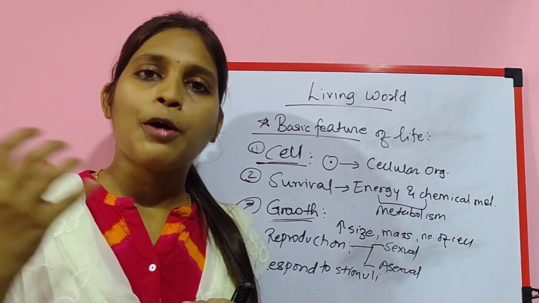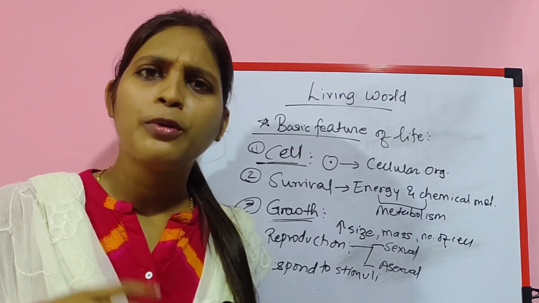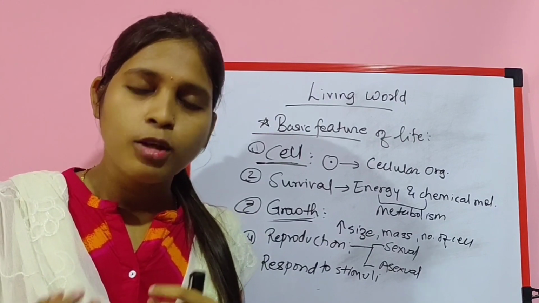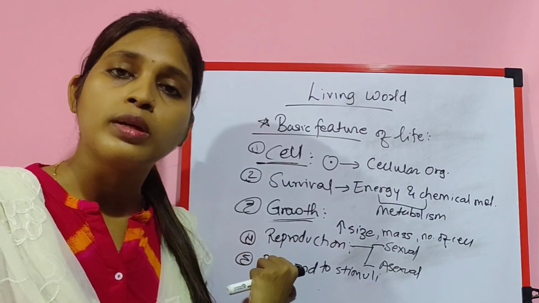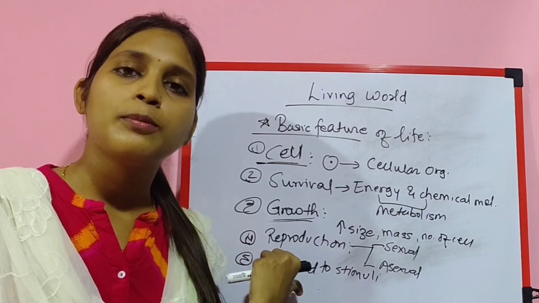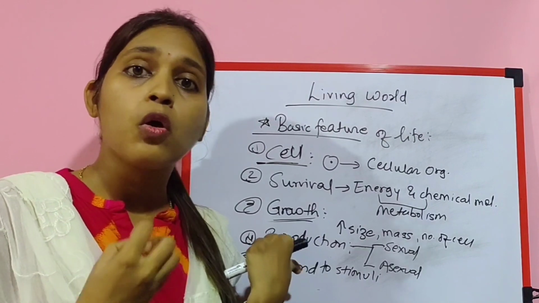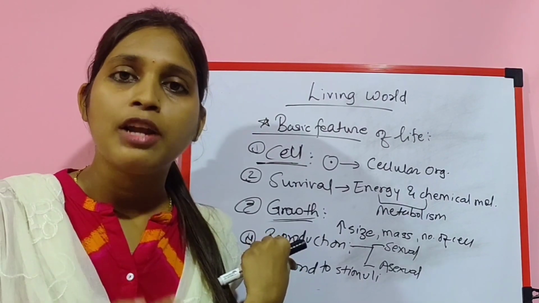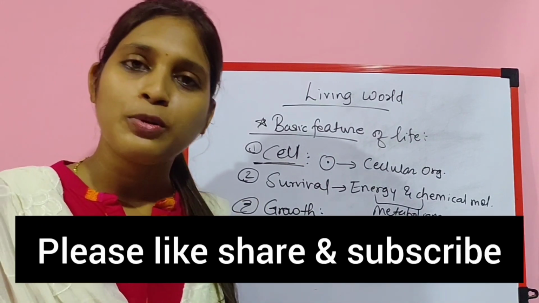For example, someone is coming and hitting you. You're not going to keep quiet. Obviously, you're going to react to it. Correct? So all living organisms respond to stimuli. Responding to stimuli means we are aware of our surroundings, we are conscious of our environment, and we react accordingly. So that's for today's section.